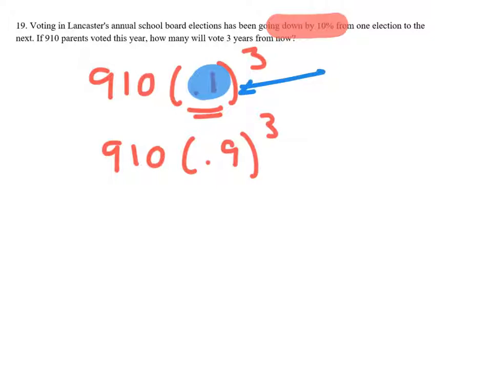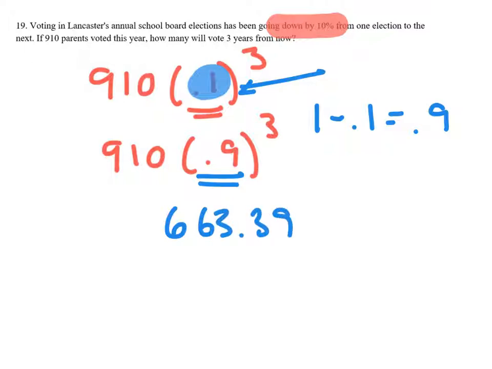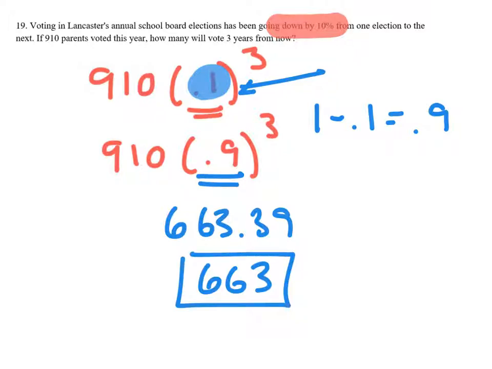If you're losing 10%, it's 1 minus 10%, which is 0.9. Think of it as how much is left after you've lost the 10%. So 0.9 to the third power times 910 gives us 663.39. And if they're talking to the nearest person, in this case, this is the number we would use.